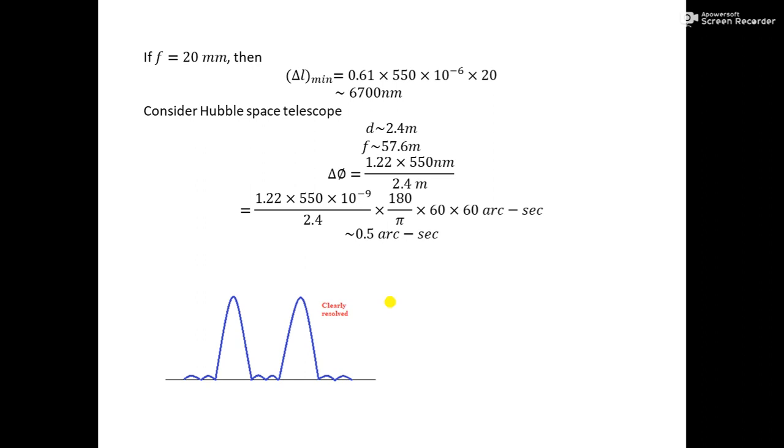Now the question comes: if the telescope has high resolving power, of the order of half an arc second, so that angular separation can be identified, then what is the necessity of sending a satellite to space?